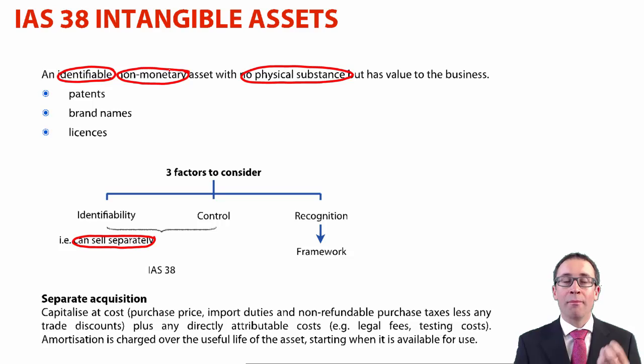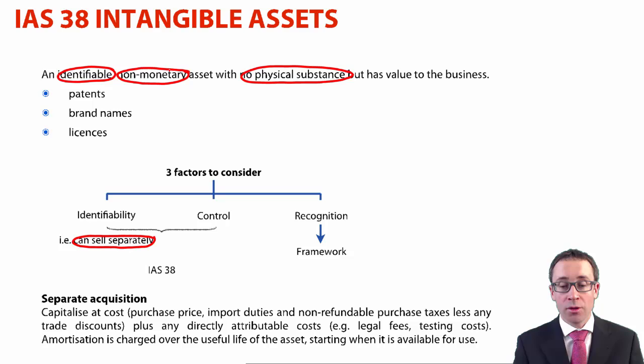So as we will see later on, a brand name, although it is like an intangible, we can't actually recognize it as an intangible within our financial statements. For one reason, you cannot sell it separately, and another, we'll come to a little bit later on. Okay. Likewise, the definition of an asset is a resource controlled by an entity, isn't it?